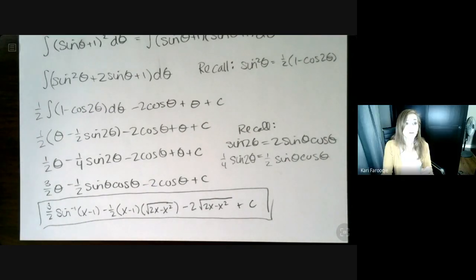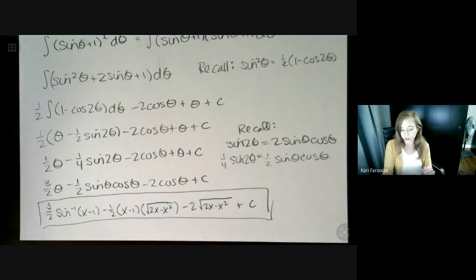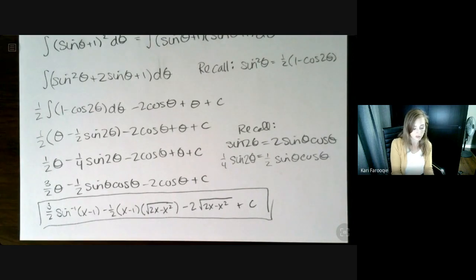Excellent. Okay, so example 6, there are a couple of problems on the 7-4 homework that are similar to example 6. And example 6 is similar to example 3, which was the last one I did in your asynchronous lecture. Wait, no, it wasn't example 3, it was example 2. Yes.